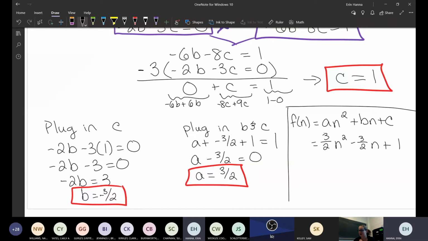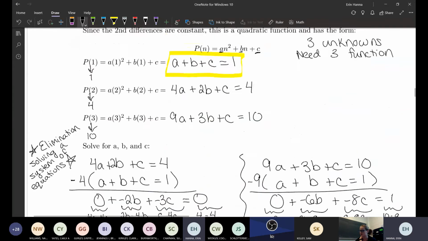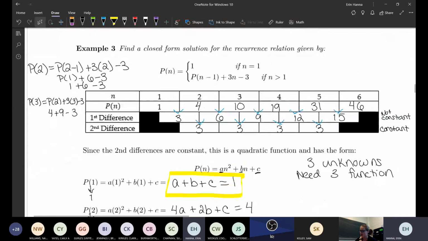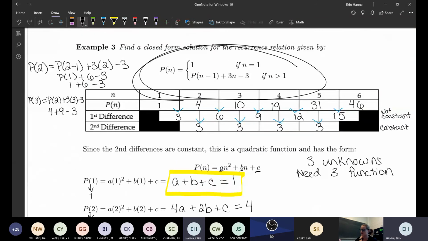Whew. So this function would give us the exact same terms as the original recurrence relation that we started with. I'm going to scroll up really quick. I'll scroll right back down in a second.